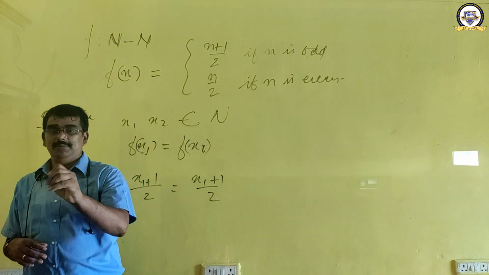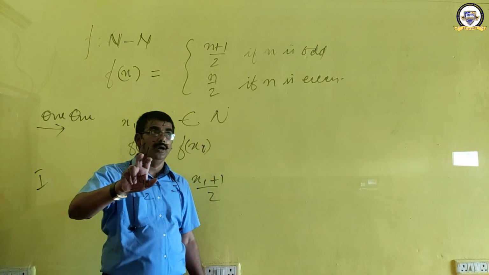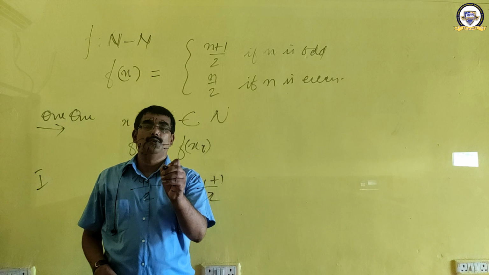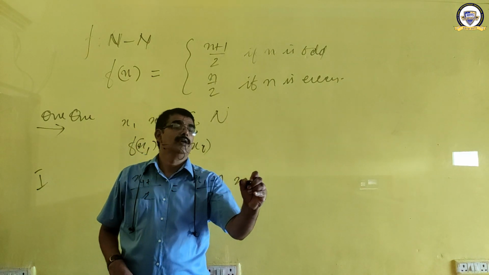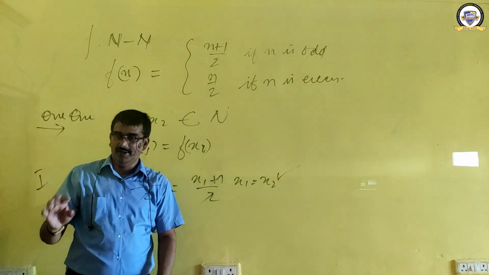First case: if both x1 and x2 are odd, the 2 and 2 cancel, 1 and 1 cancel, so x1 is equal to x2, so the first case is verified.